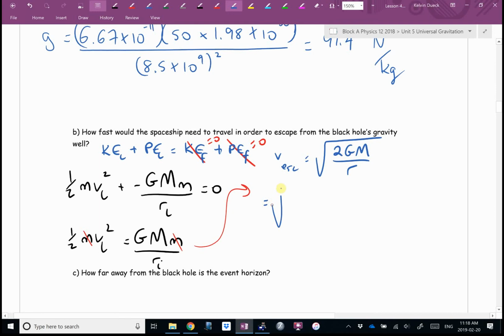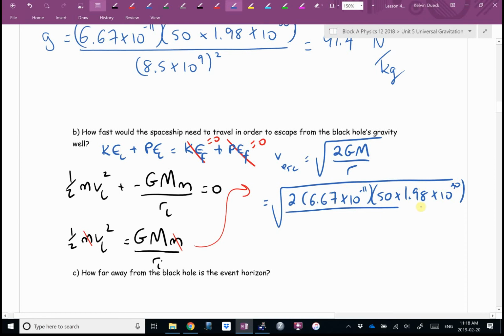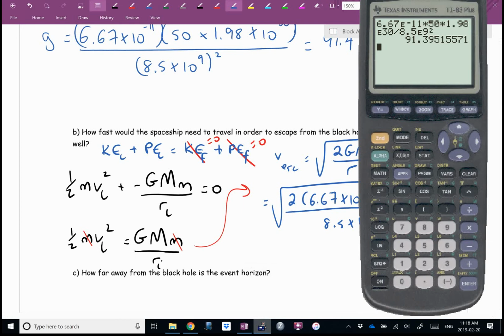So it's going to be the square root of 2 times 6.67 times 10 to the negative 11, 50 times the mass of the sun, divided by 8.5 times 10 to the 9th, not squared. I'm actually going to backspace, because this has all the numbers that I want, and insert 2 times right there.